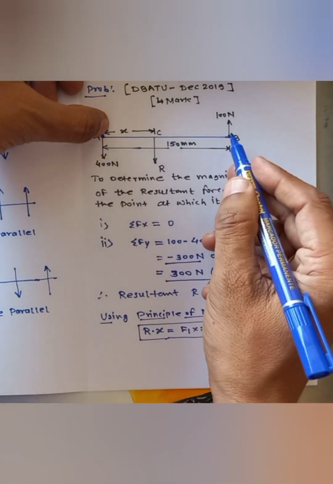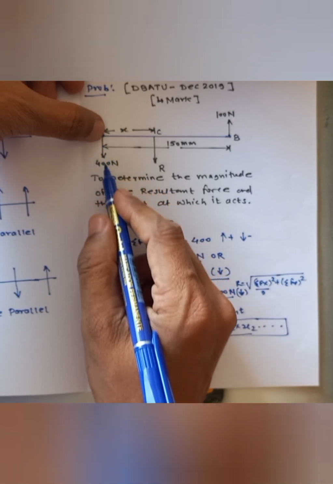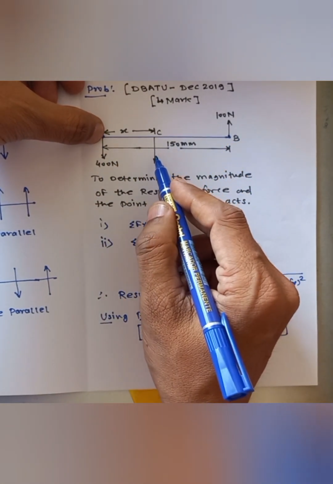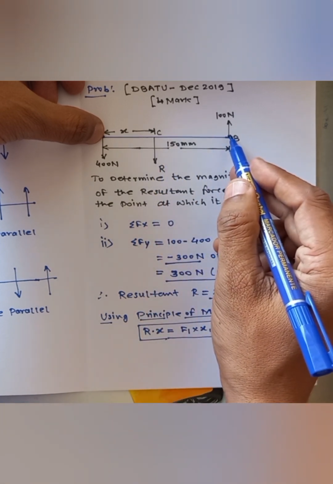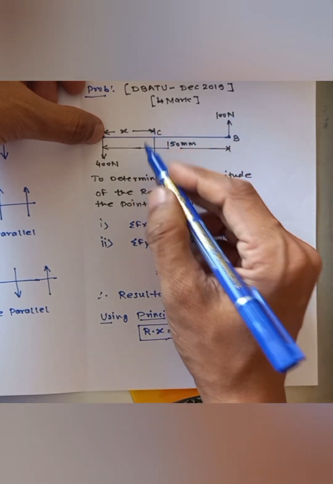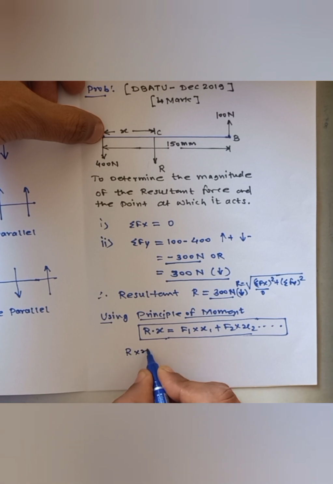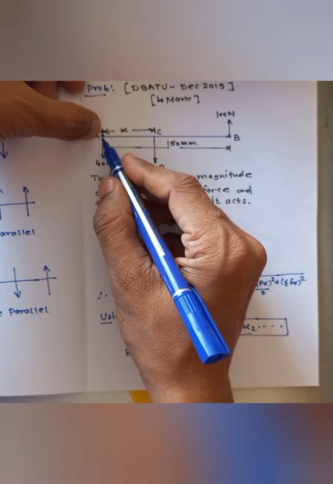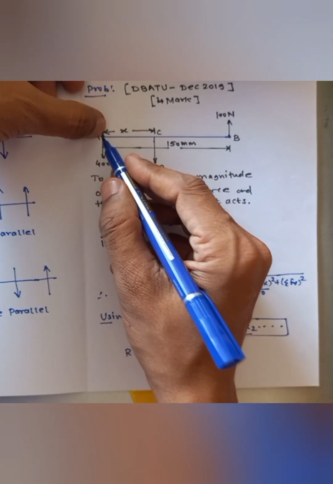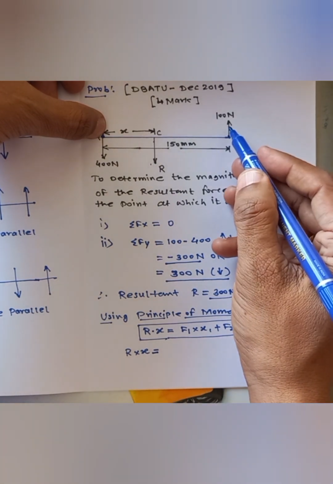So here we have one force, 400 Newton force, at A, so the moment of this force is 0. Only we will get moment of R, that is the resultant force, and moment of 100 Newton. And we know they are opposite to each other. So simply we will write R into X, because the perpendicular distance is X. So R into X is the moment of resultant force about point A, which is equal to the moment of force about the same point.